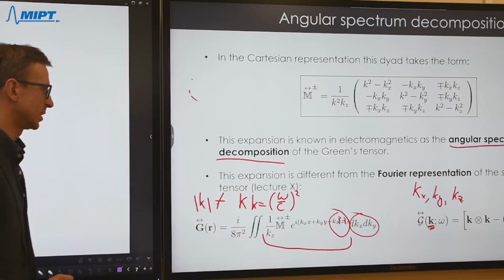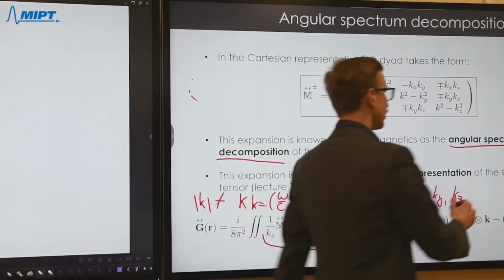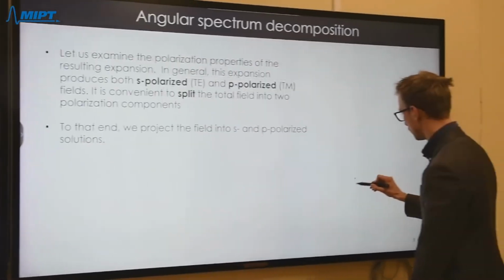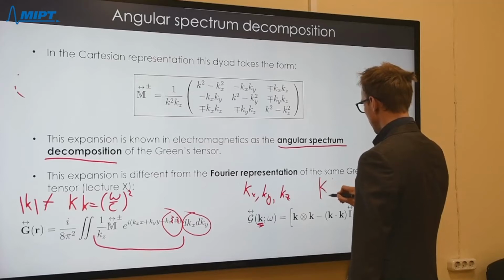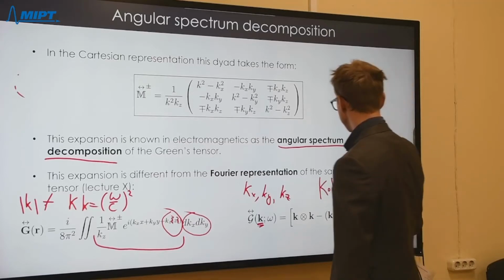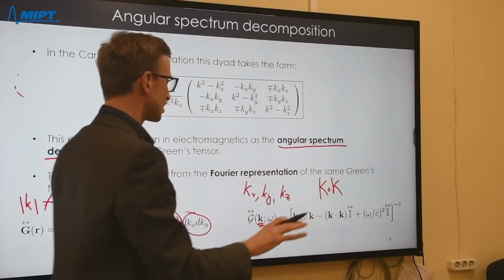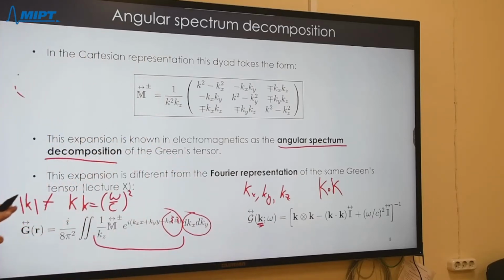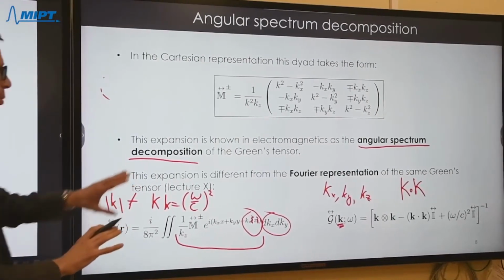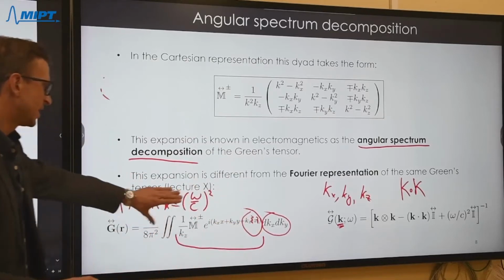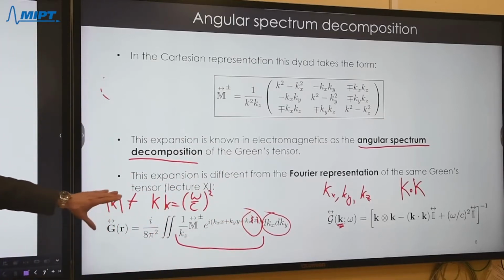But we have all possible values of k dot k, very small ones, very big ones, the entire range. All right? So I just wanted to emphasize that these are two different things and you shouldn't confuse the two. One of them is the true Fourier transform, and this is not a Fourier transform, this is something else. This is called angular spectrum decomposition.